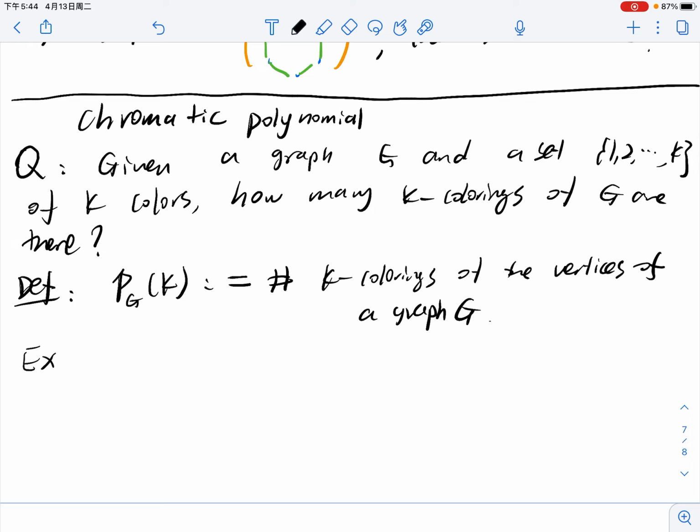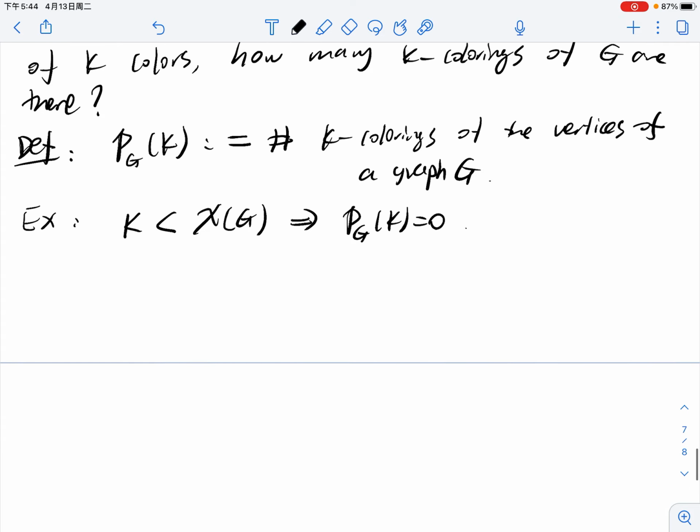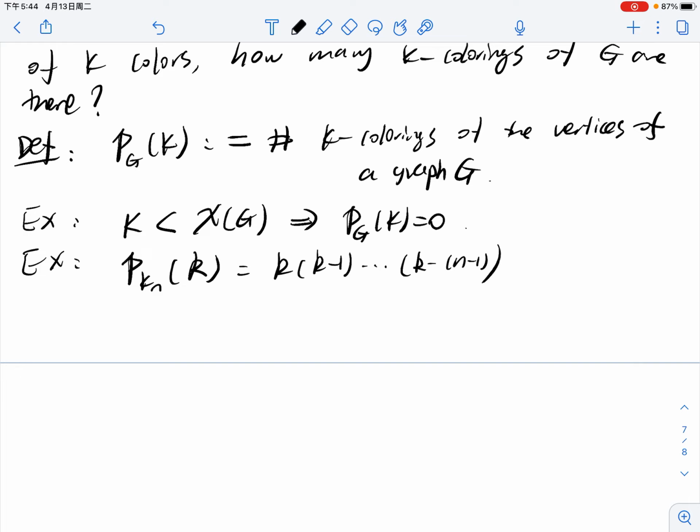And as an example, if k is less than the chromatic number, then P(G,k) is 0. And also, if we have a complete graph, then in total we have k times (k minus 1) all the way to (k minus n plus 1), for k greater than or equal to n.